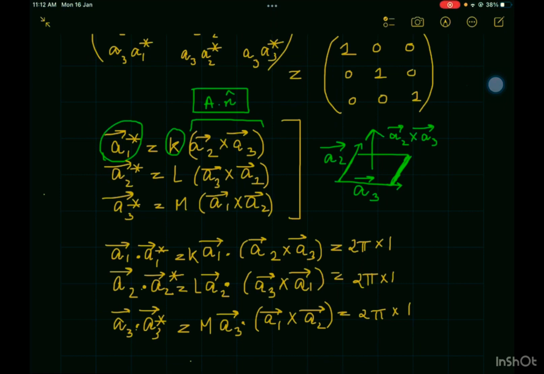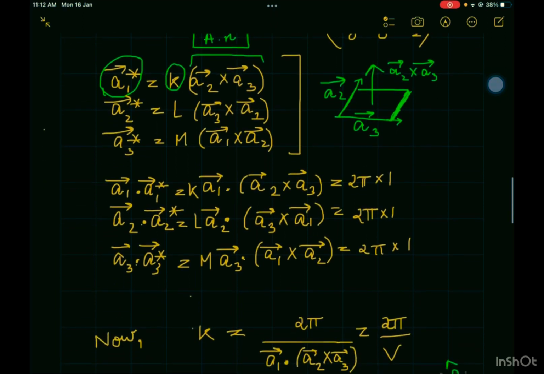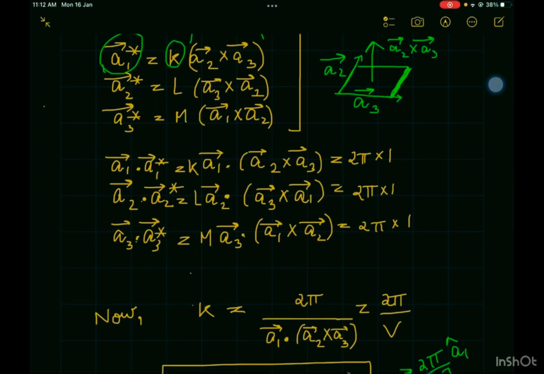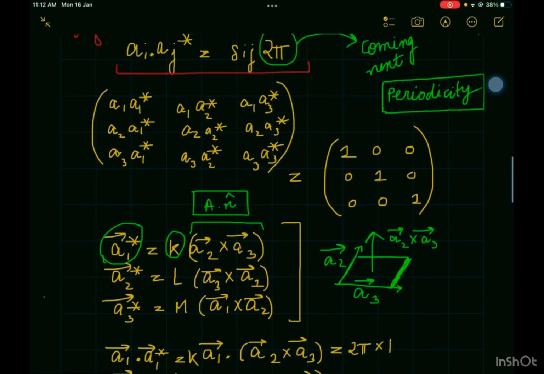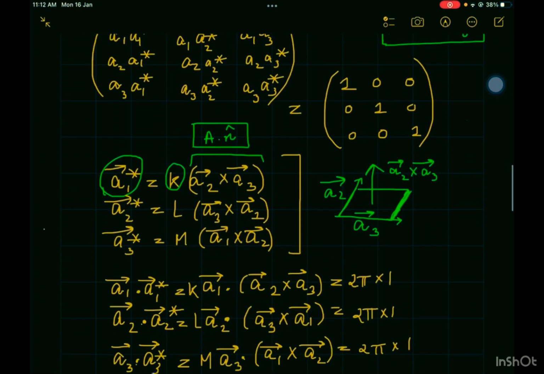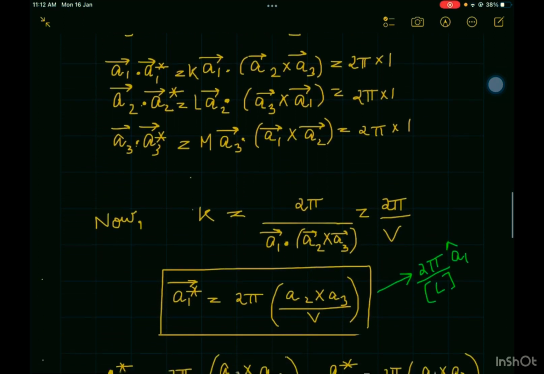And similarly for a2 star and a3 star, what we observe is that a2 cross a3 will give me an area, and a vector normal pointing in the a1 direction, right? What we do is insert the a1 star into the first equation with the Kronecker delta, and we arrive at the following formulation.